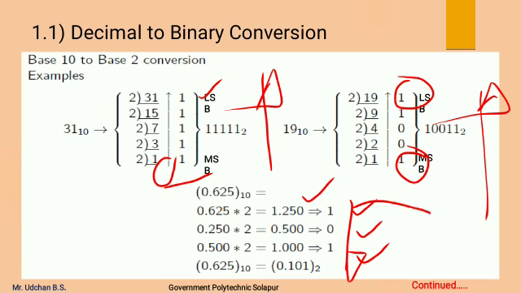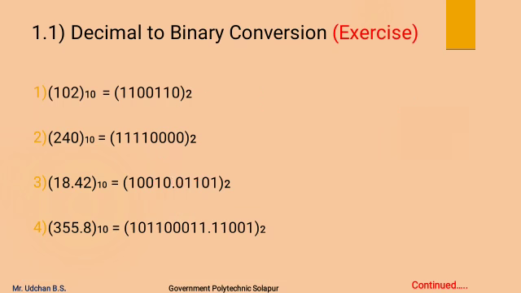The first integer which we get will be our MSB part. The last integer number which we get will be our LSB number. These are the examples which you can perform on your own. We will discuss these examples during our online session.